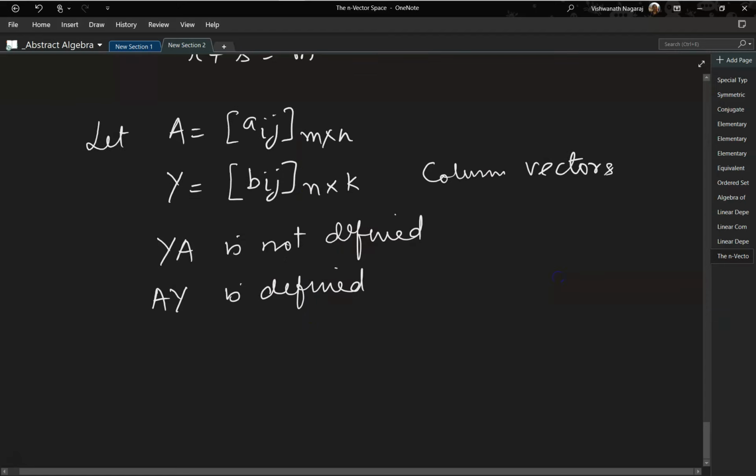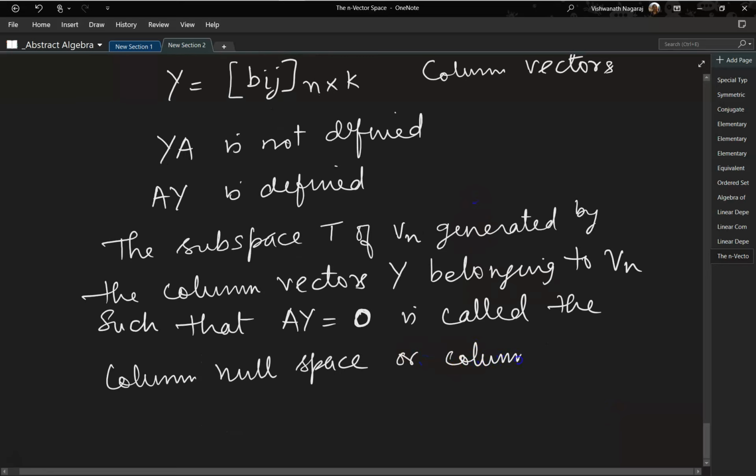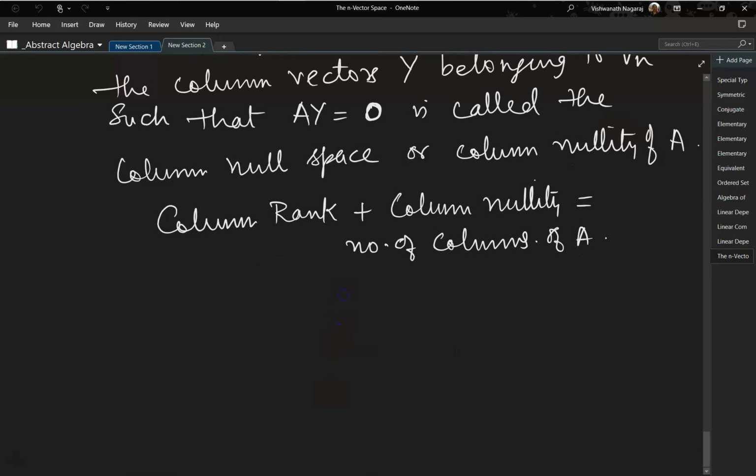So Ay is defined. So now the subspace T of Vn generated by the column vectors y belonging to Vn such that Ay is equal to 0 is called the column null space, or column nullity of A. So which means the column rank plus column nullity is equal to the number of columns of A.